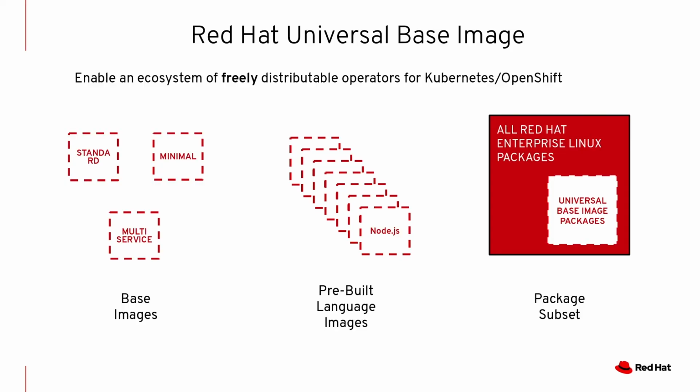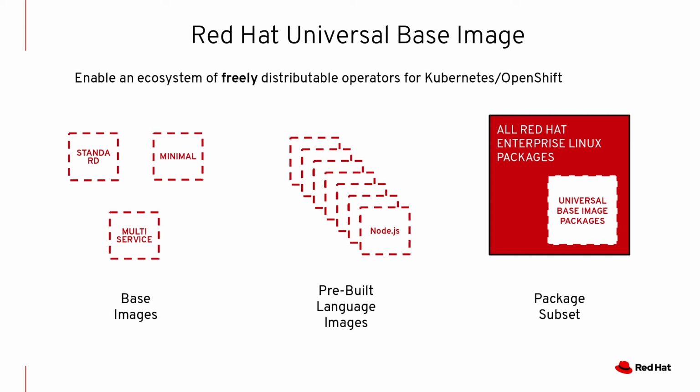And the last thing I wanted to mention is the universal base image. All the applications we run in OpenShift are containerized, so we need to build the images. And it was a kind of challenge for some customers due to some legal obligations. They couldn't always use RHEL-based images to build or run their applications.